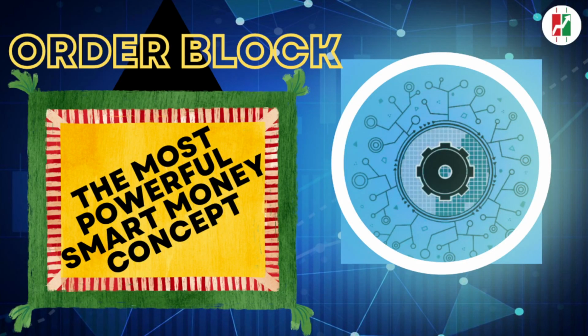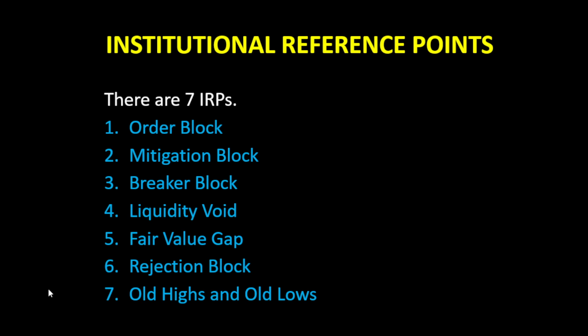An order block is the most powerful concept of institutional reference points. It is one of them. There are 7 institutional reference points in total. Number 1 is order block, number 2 is mitigation block, 3 breaker block, fourth liquidity void, fifth one is fair value gap, sixth is rejection block, and seventh is the old highs and old lows.